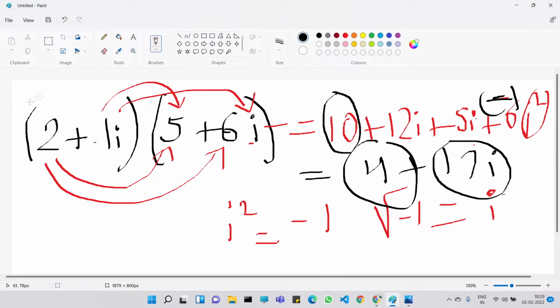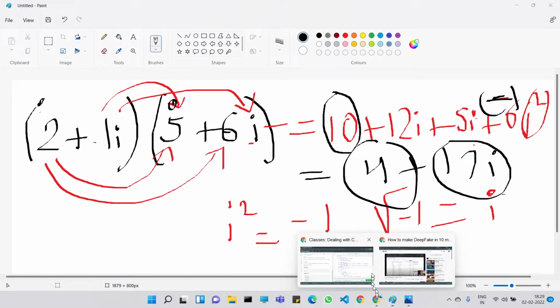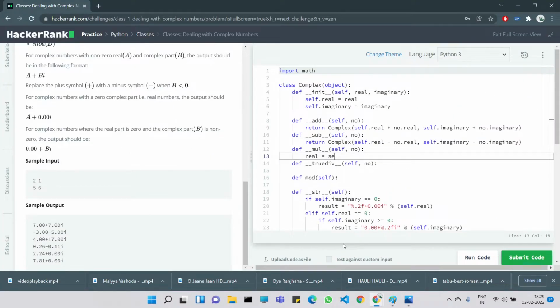So in order to get 10, this is self dot real. It gets multiplied by number dot real. So self dot real multiplied by number dot real.